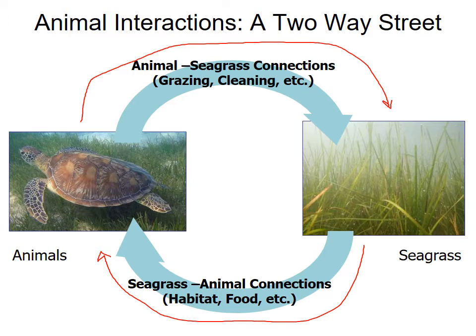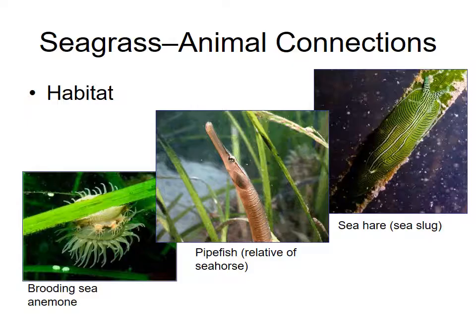Some animals eat only the algae that grows on top of the seagrass and actually keep it clean. And some animals don't eat it or clean it, but they might burrow around in it as they search for prey and affect it in other ways indirectly. So there's a lot of interactions both ways between animals and seagrass, and I'll give some examples of those.